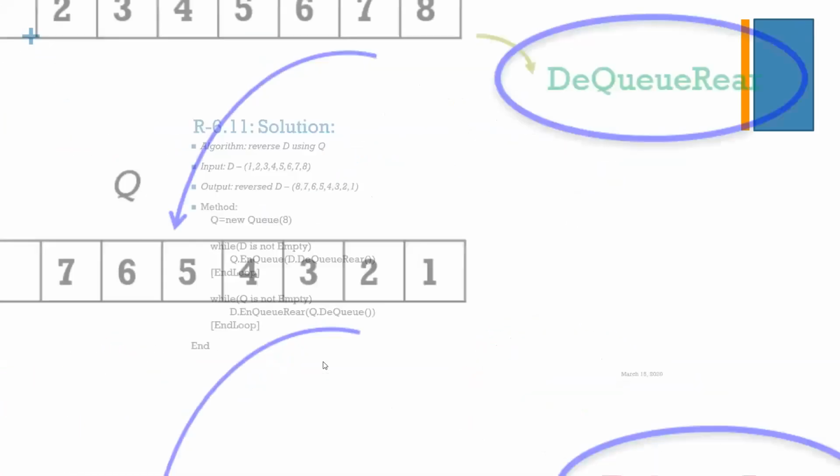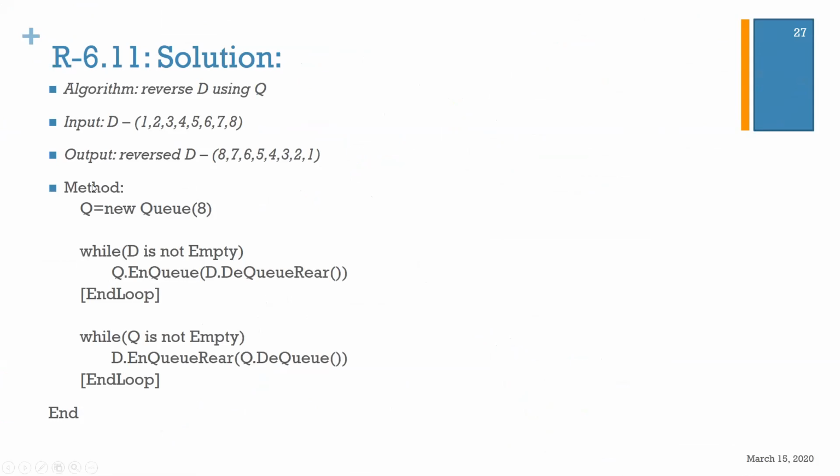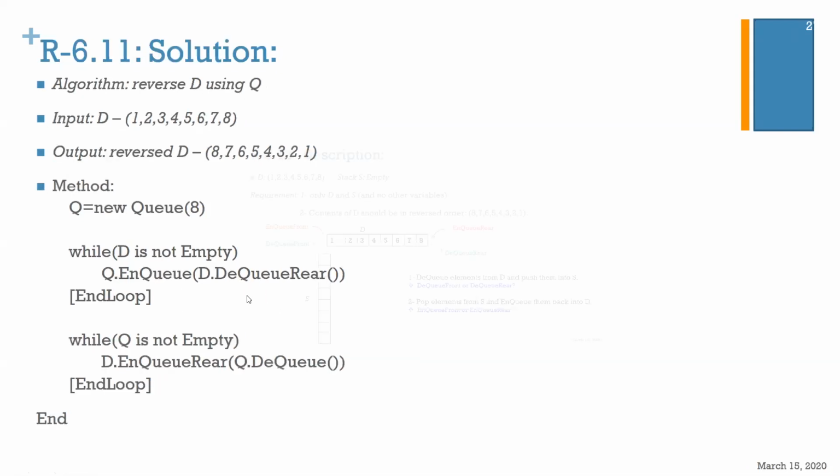This is the algorithm or solution for this problem: input given D, output reversed D. The method: for each element, while D is not empty, NQ, and DQ from the rear. Another loop: while Q is not empty, DQ from Q and NQ at the rear of D. Take care that DQ should return a value for any implementation of DQ, like Bob and stack.